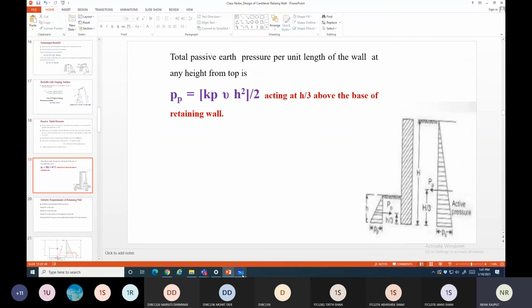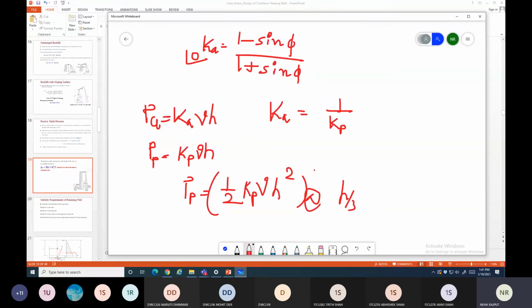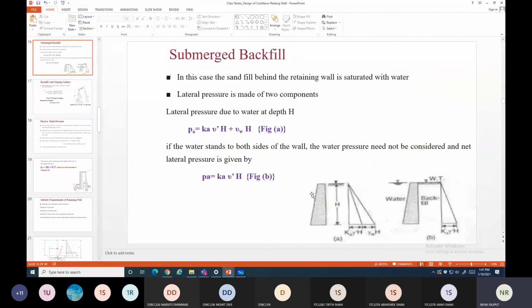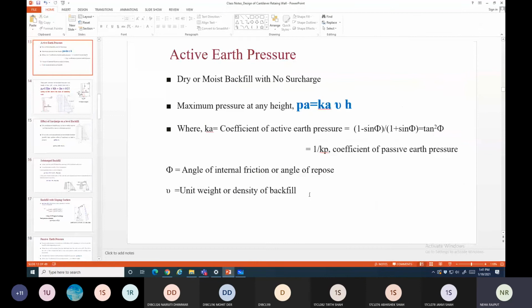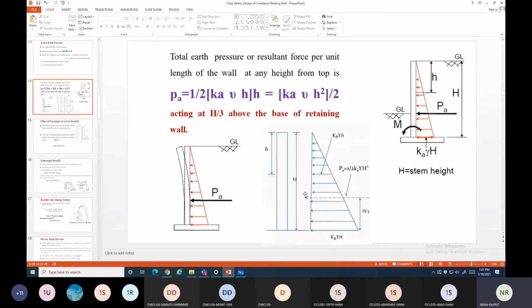So this is all about the different behavior of the retaining wall for the different conditions. The first condition is simple active earth pressure. This is the active pressure diagram, and this one is the deflection. Deflection will remain the same for all the conditions, but the active pressure diagram will change.